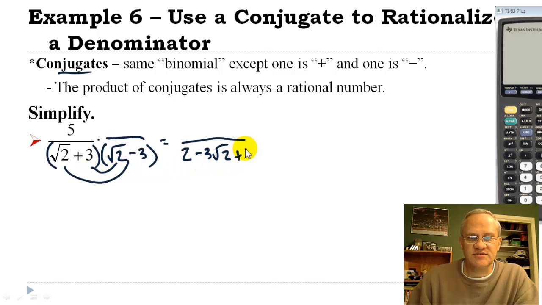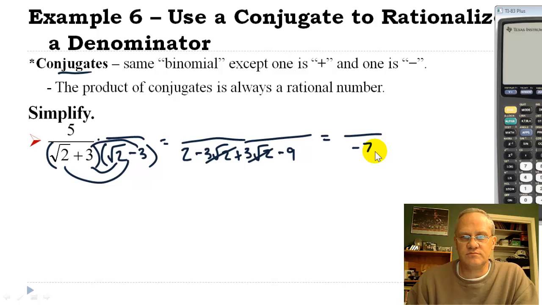Inside is plus 3 square root of 2. And then 3 times 3, negative 3 is negative 9. What happens? Negative 3 square root of 2, positive 3 square root of 2. Those cancel. So what do I have left here at the end? 2 minus 9 is negative 7. It's gone.